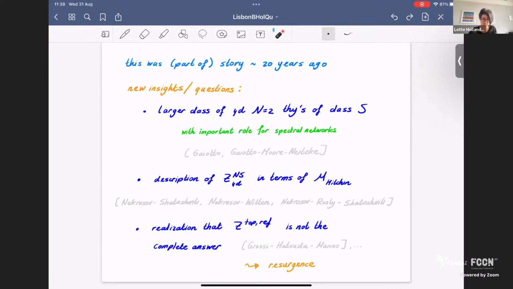This is an object which is not well defined in certain regions of the epsilon plane, and hence this cannot be the complete non-perturbative topological string answer. So through various dualities, various proposals came up for what this non-perturbative partition function should be.